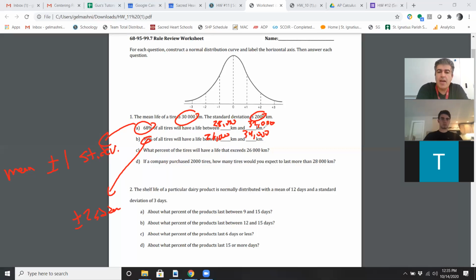What percent of tires will have a life that exceeds 26,000 kilometers? Well, 26,000 will be over here. And remember, this portion right here was 68%.